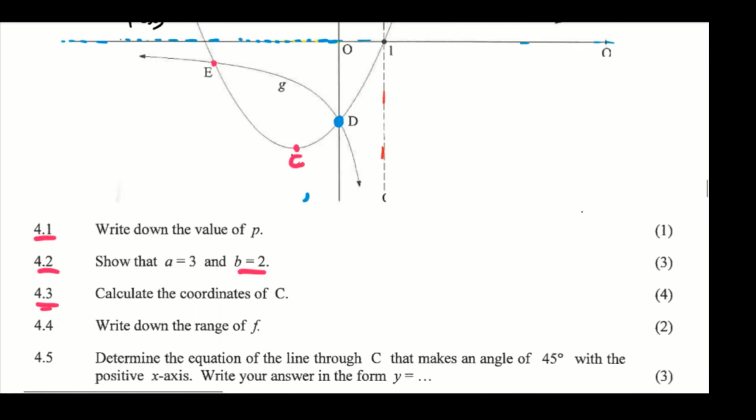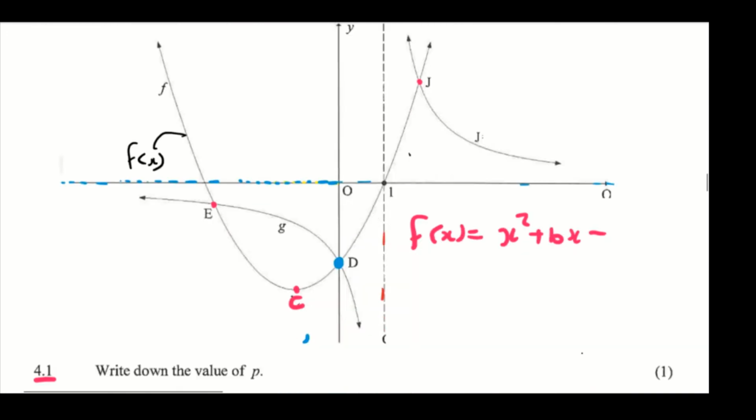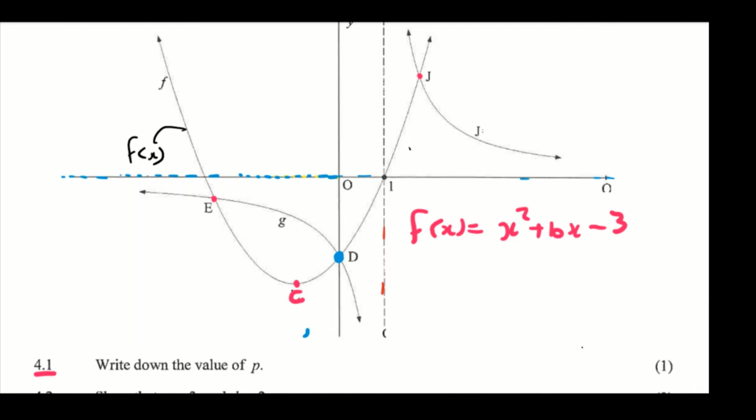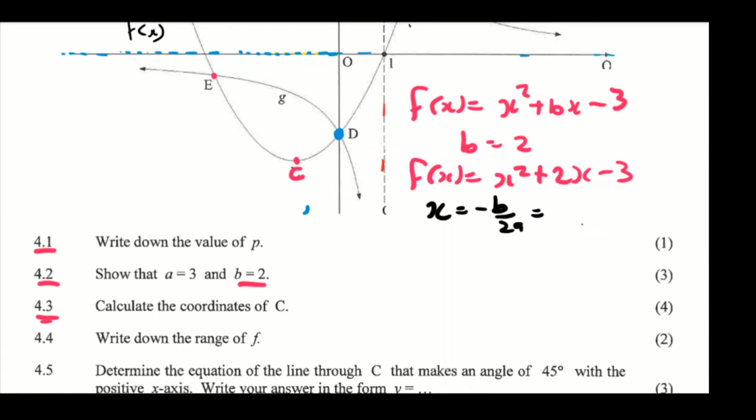And we have already identified the equation of F, right? F of x is equal to x squared plus bx minus -3, and we have proven in the previous question that b is equal to 2, so f of x is equal to x squared plus 2x minus 3, right? And then now to find the coordinates of C, which is the turning point of F, we're going to say x equals minus b over 2a, which is minus 2 over 2 into 1, equals -1.